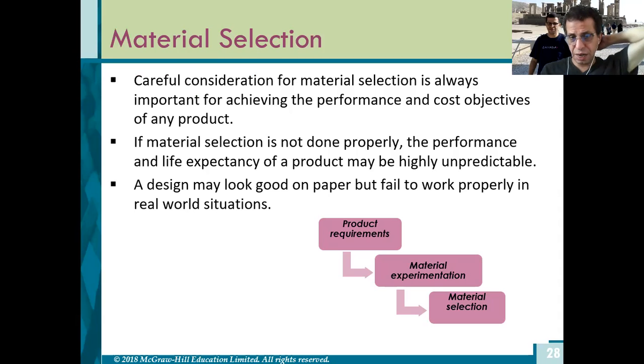If the material selection is not done properly, the performance or life expectancy of a product may be highly unpredictable, like cheap car tires, which are a good example. A design may look good on paper, as usual, but fail to work properly in a real-world situation. So you do the product requirements, material experimentation, and then material selection.